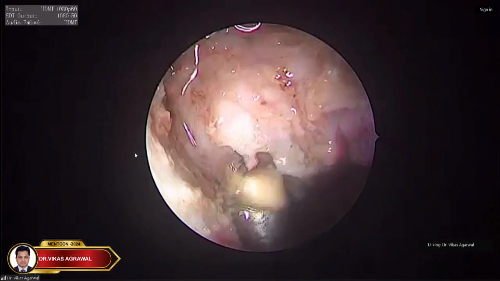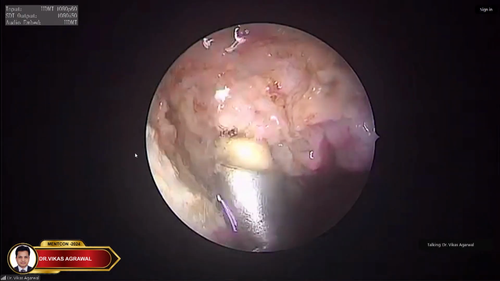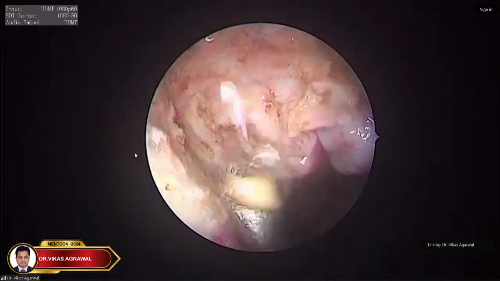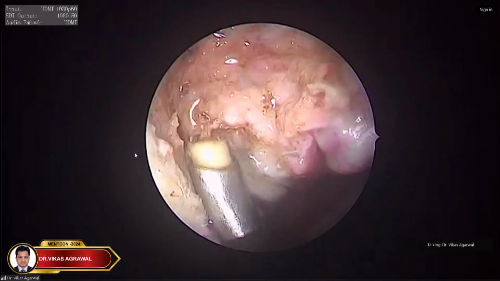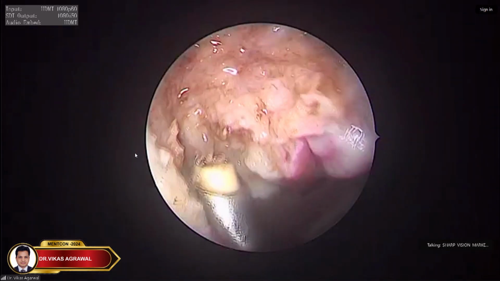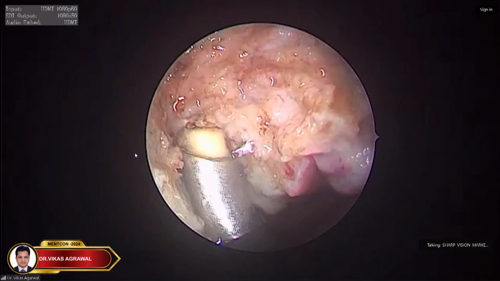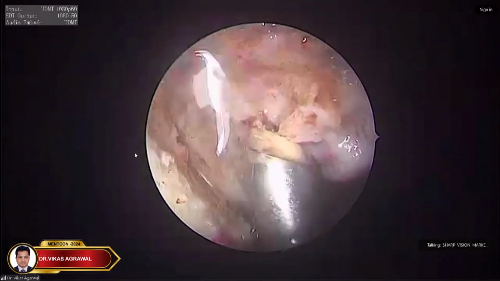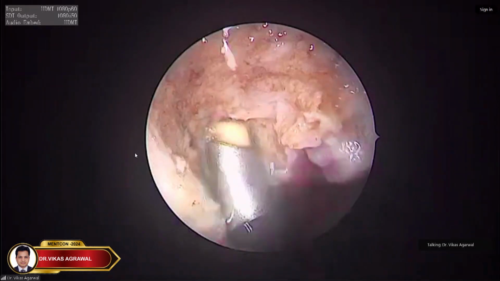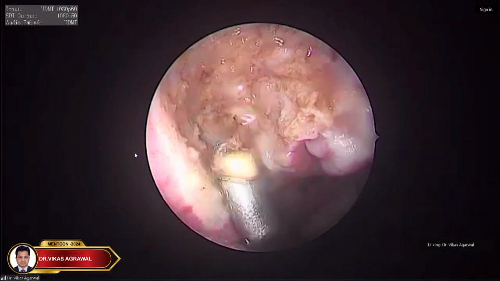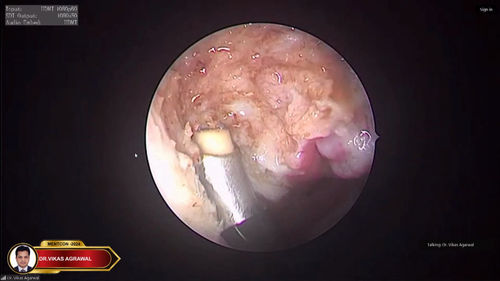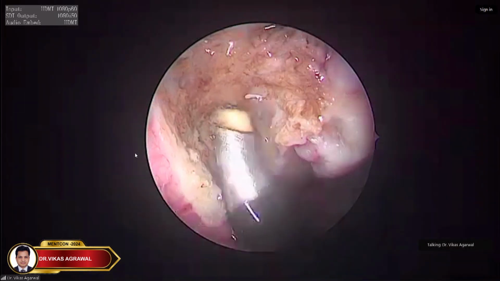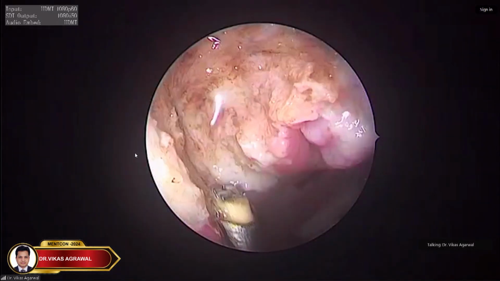So it's not difficult at all, but obviously in an older kid, the adenoids will be tougher. Now see how deep I am going. And do you see a lot of cases of adult adenoids too? Very, very common. In fact, I have 3 adenoids today. After this, I have a septoplasty with adenoidectomy in an adult. Then again, I have a child.